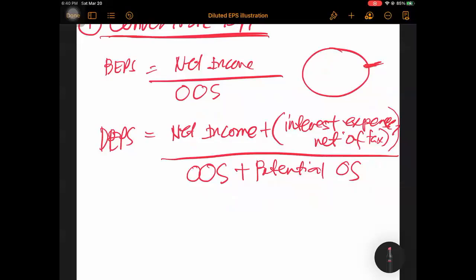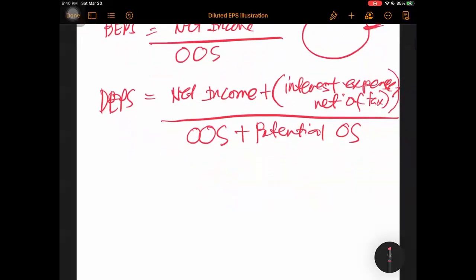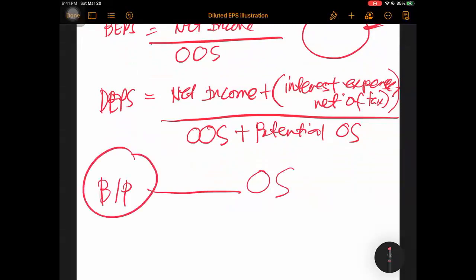Okay, that's correct, because our assumption is the convertible bonds are converted into ordinary shares. So if at the beginning of the year we had bonds payable, and our assumption is that they are converted into ordinary shares, we no longer have a liability to account for.